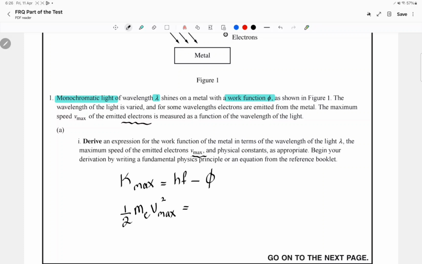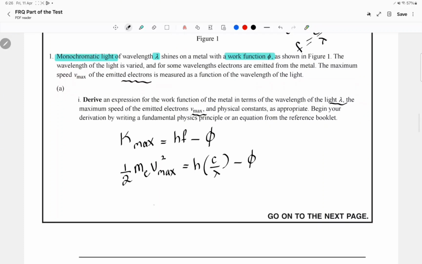Okay. Now they're saying you should use the lambda, so we should convert that f into lambda. Now you guys should know that c is equal to lambda f, and so f is equal to c over lambda. So instead of f, I'll put c over lambda minus the work function. And they're saying derive an expression for the work function, so I'm just going to move it to the other side.